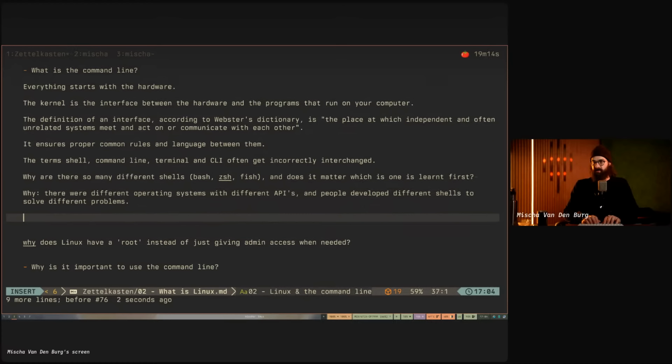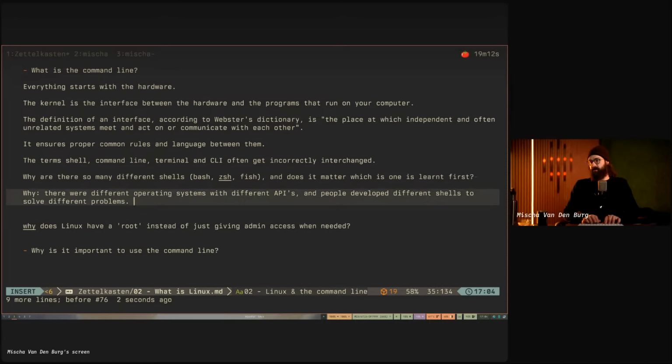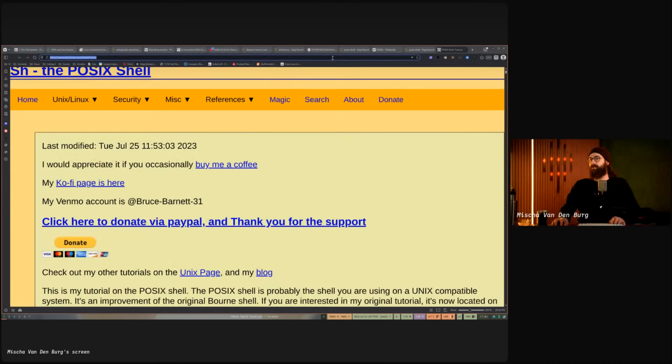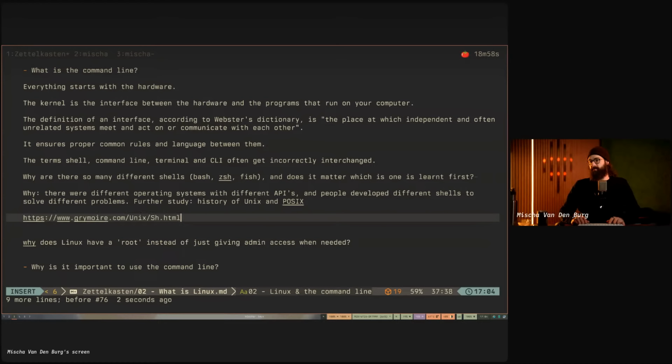That is basically the best way I can put it. For further study, look at the history of Unix and POSIX. Actually, let's include these links here.